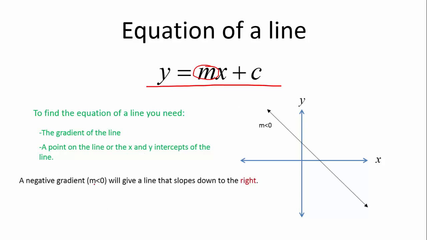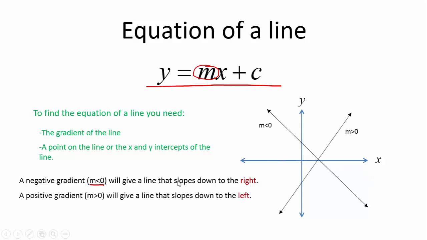So a negative gradient, where m is less than 0, in other words, m is negative, will give a line that slopes down to the right, right? And a positive gradient, where m is greater than 0, will give a line that slopes up to the right, like that one here. So the c value is the y-intercept of the graph. c is where the line crosses the y-axis on the graph.